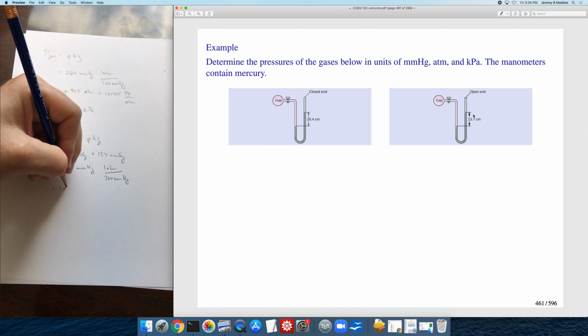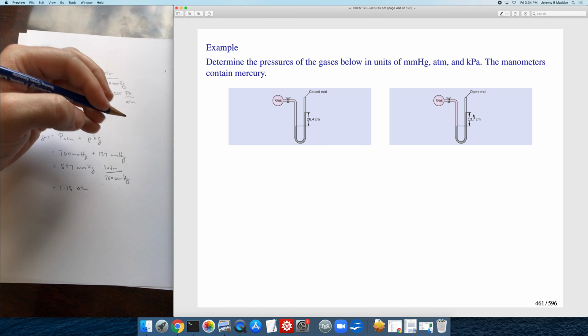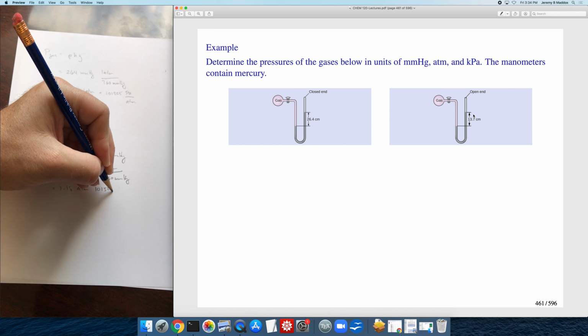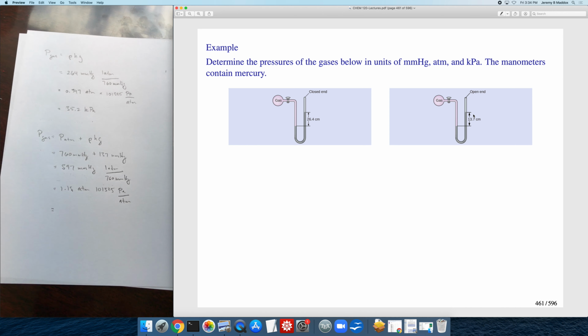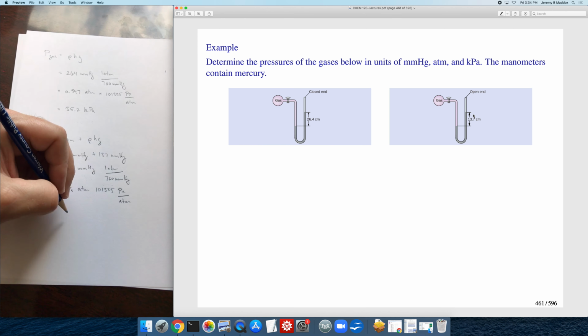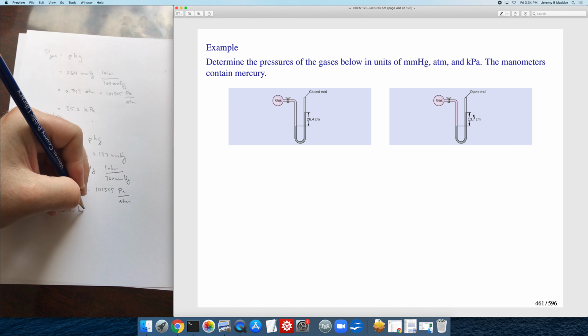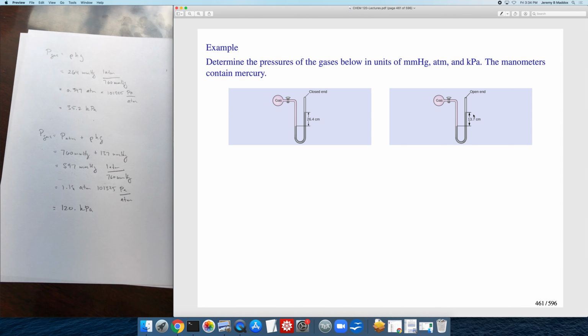I'm getting 1.18 atmospheres. And then we can multiply by 101,325 pascals per ATM to get it in units of pascals. And I'm getting 120 kilopascals from that calculation.